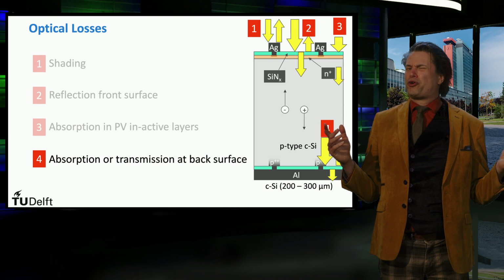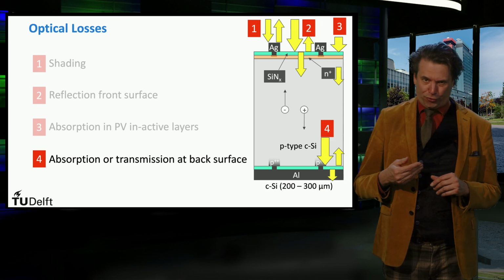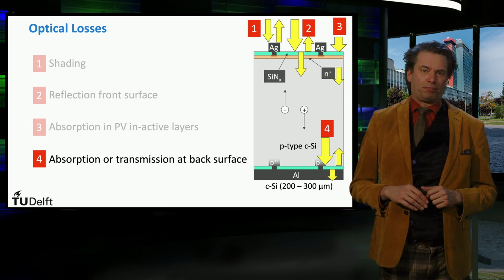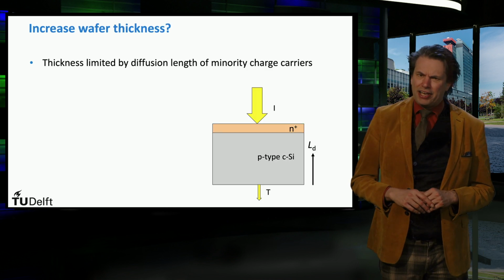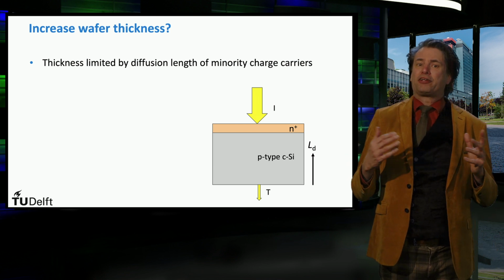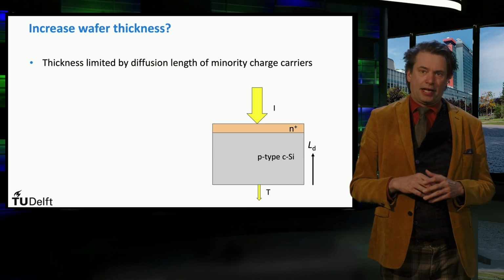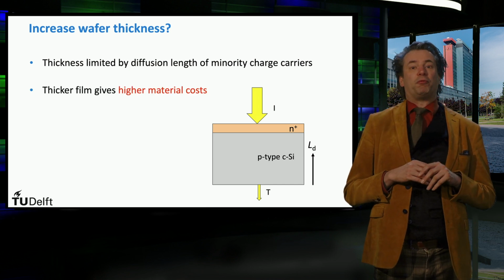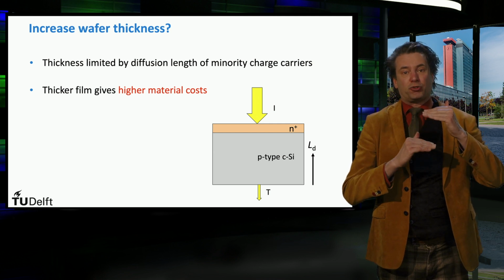We will now turn our focus towards the back of the solar cell, where light can be transmitted or absorbed at the back surface. When light has not been absorbed in the silicon wafer after passing through the bulk, part of the light might escape at the back surface. The most obvious solution to this problem would be to increase the thickness of the absorber layer.